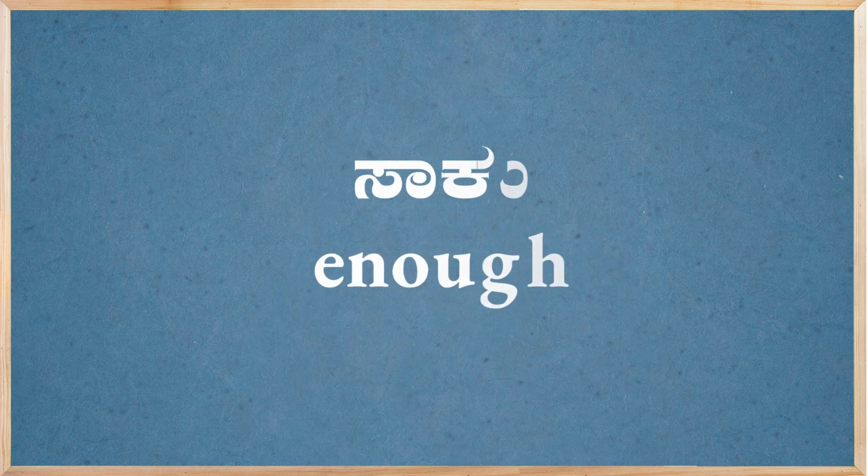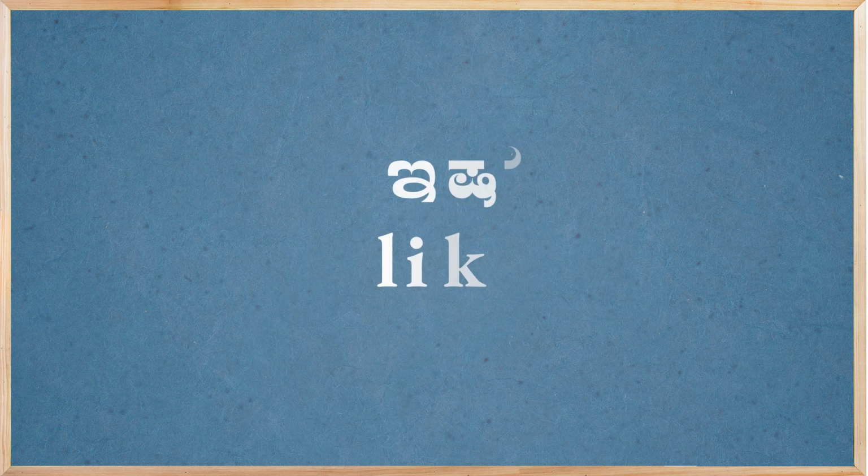We then looked at more examples such as saku, enough, ishta, like, and gottu, know. For each one, we saw that the person or thing experiencing enoughness, liking, or knowing is put in the dative case.